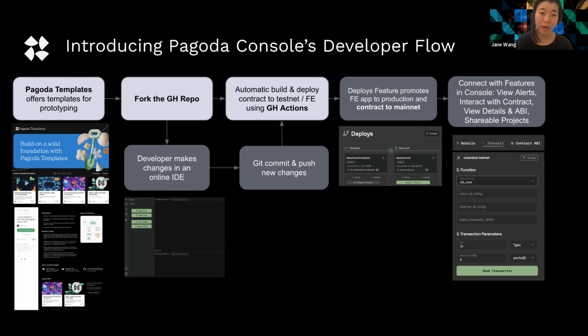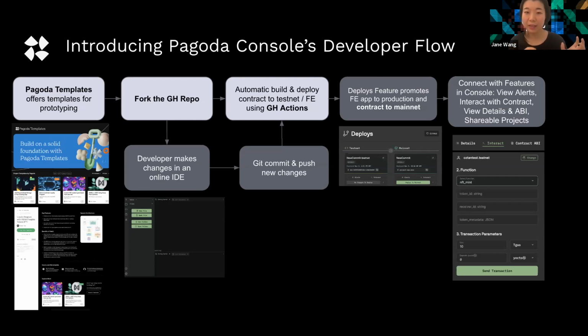From there, you can fork this existing template, and you're forking it to a public repo on your own GitHub. The forking action triggers an automatic deploy process of the front end and also the actual contract to testnet.